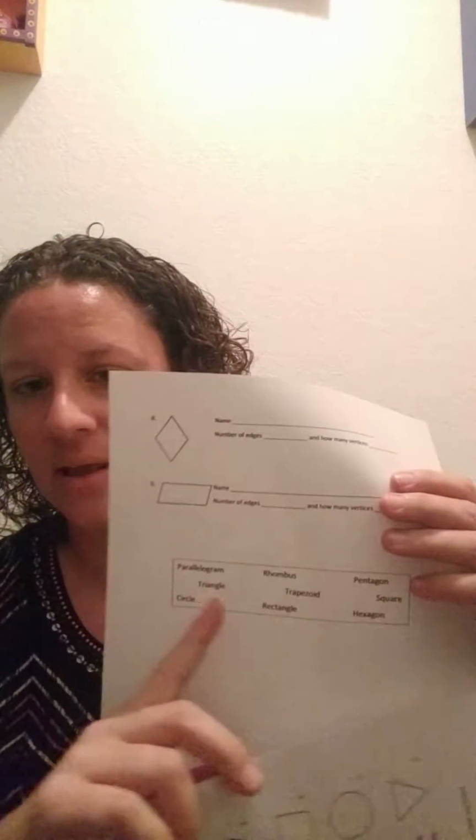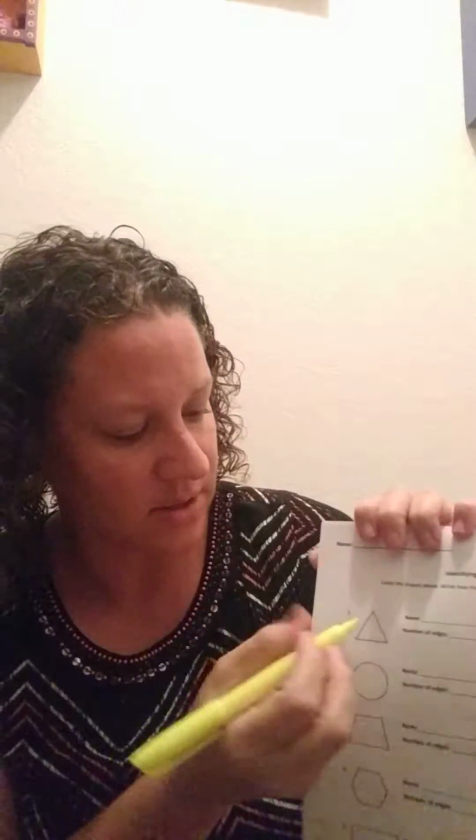So from here, we're going to talk about the worksheet that we're going to be doing. It's called Identifying 2D Shapes and Their Attributes. So we have 9 different shapes with our word bank that has the names of all of them. And then we're going to identify our edges by coloring them yellow.